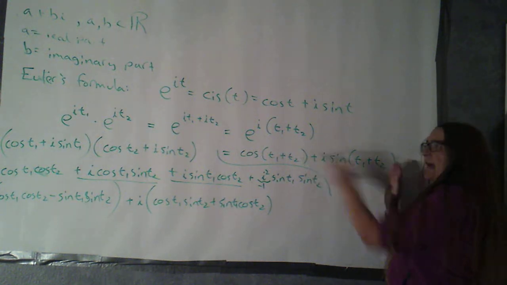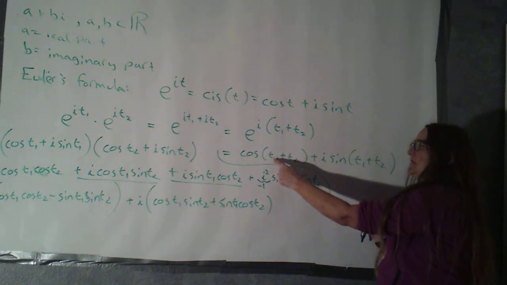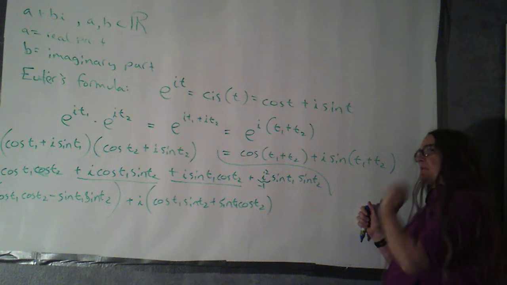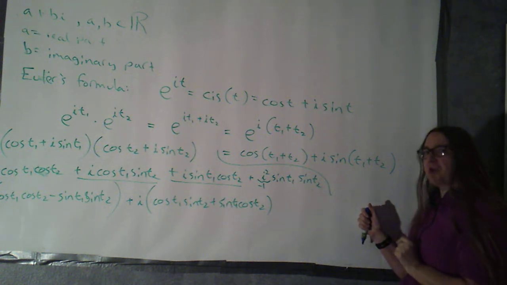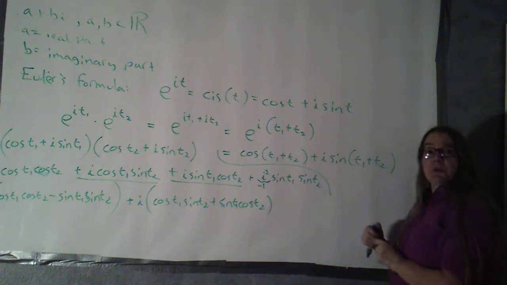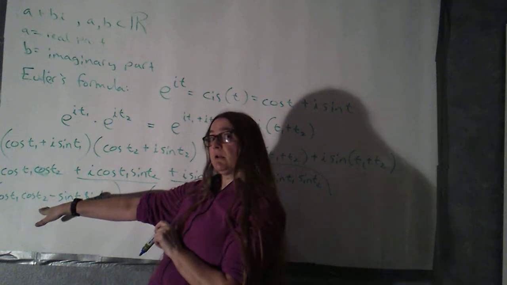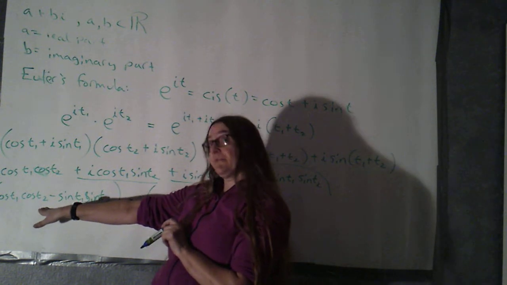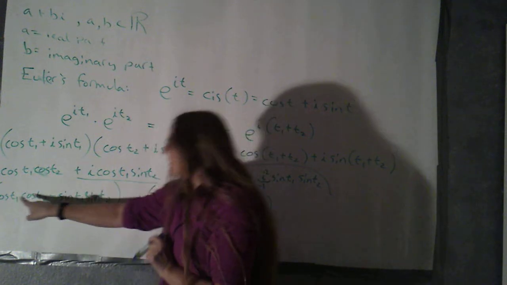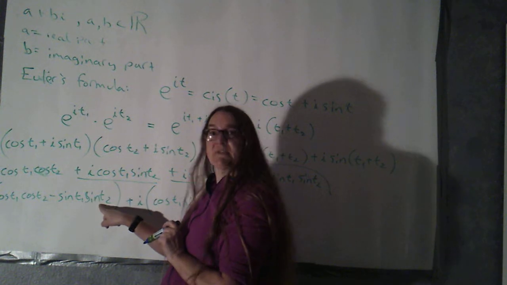Now if we look at what we had on the right-hand side, the real part was cosine of (t1 plus t2). Now, if you remember your sum formula for cosine, you can work out what that is. If you don't remember your sum formula for cosine, you can cheat and look over here and see that cosine of (t1 plus t2) is cosine of t1 times cosine of t2 minus sine of t1 times sine of t2.